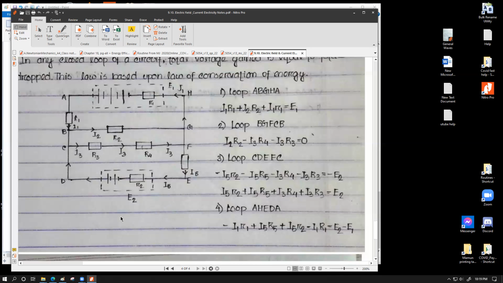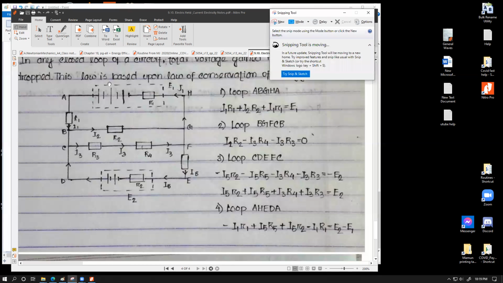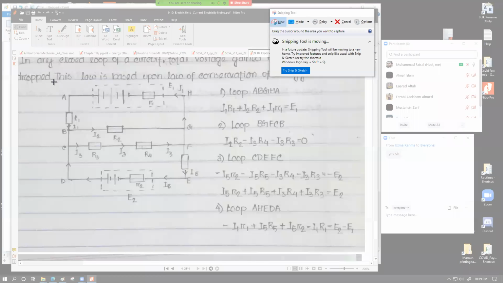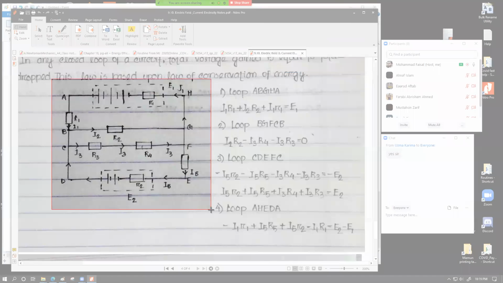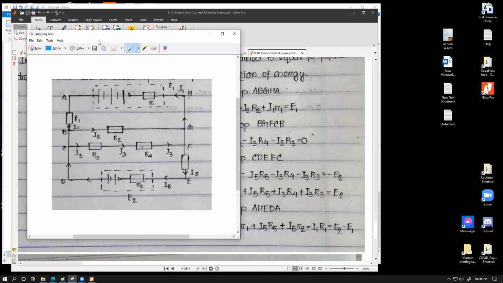Now, if we want to go for any other part of the circuit or any other loop, we can definitely do this. For example, let's say if I want to write the equation for ACFHA, what should that circuit look like? Hear me out again. ACFHA. If I want to write that one. Sir, can you repeat it, please?